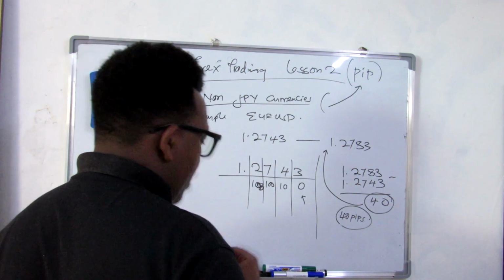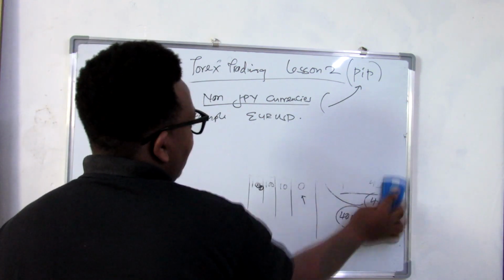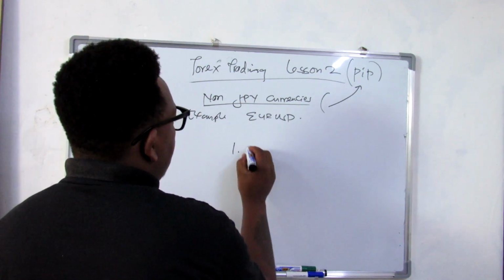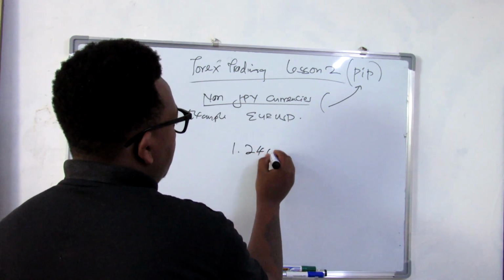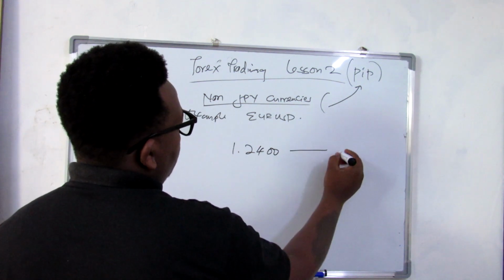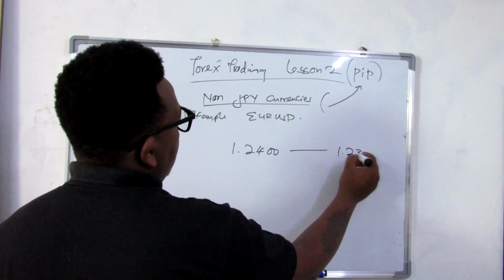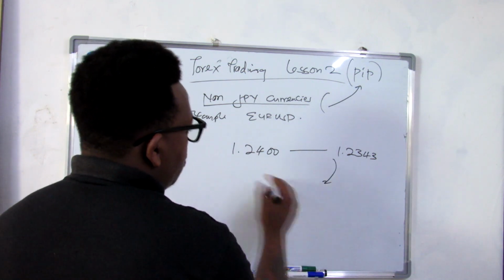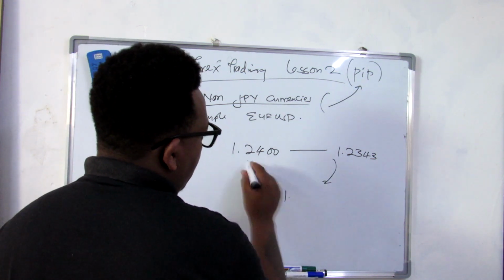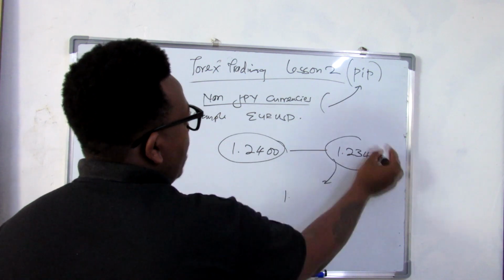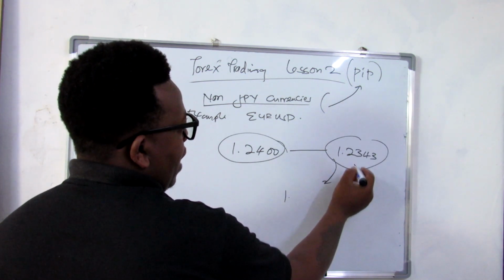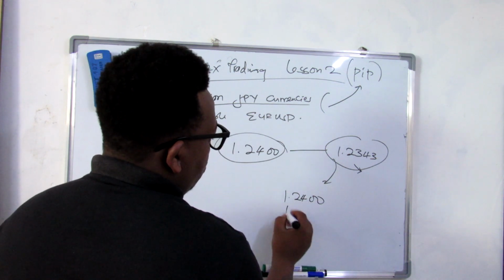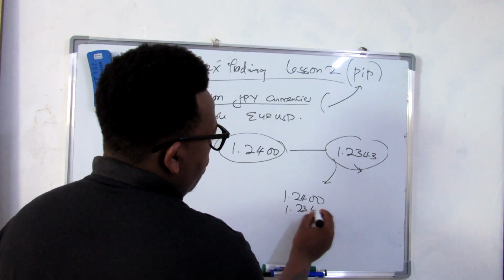So let me show you another example in order to understand clearly. So for instance, the market was at 1.2400 and it moved to 1.2343. So let's just do the calculation here. What you do is you take the bigger number, but you realize the current market has already dropped, so it's important for you to have that in mind. 1.2343.